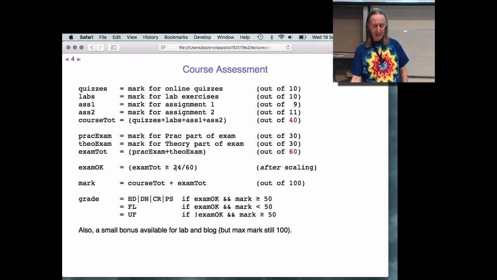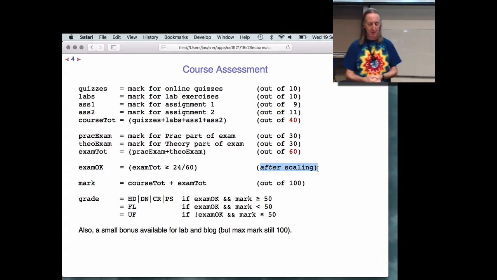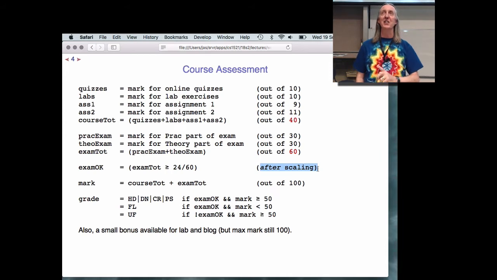If you stuff up the exam badly enough, and notice this is after scaling, so if things go pear-shaped in the final exam and I set an exam that's way too hard and everyone fails, then I just scale up. Of course, if you do the exam and you say, oh God, I failed, but scaling's going to save me, well, it's not if you were the only person who failed. So keep that in mind.